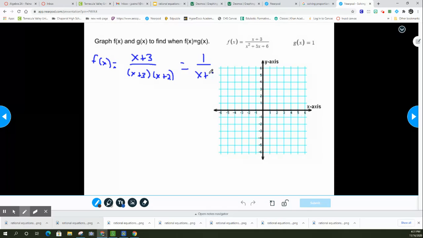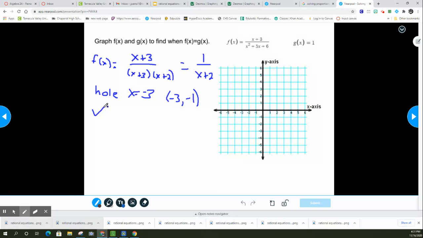That means I'm going to have a hole at x equals negative 3. If I plug negative 3 back in, it's actually going to be a hole at the point negative 3, negative 1.